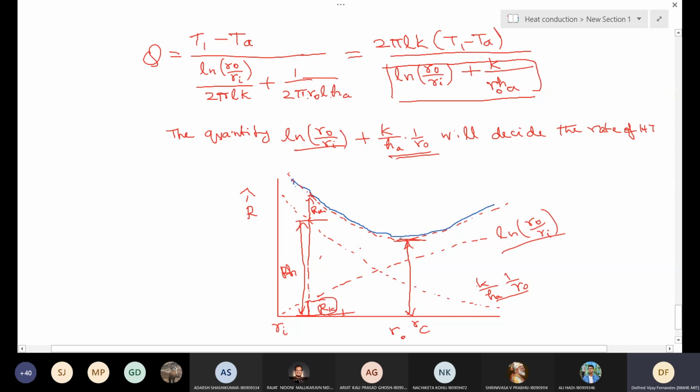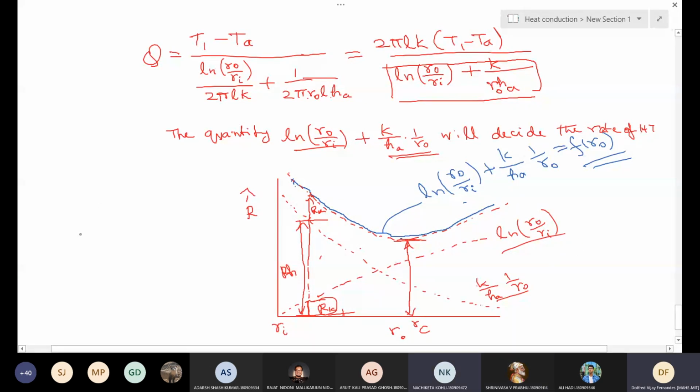So how do you find the minimum of a curve? This one we know already: ln r0 by ri plus k divided by ha into 1 by r0. This is a function of r0. How do you find the minimum?